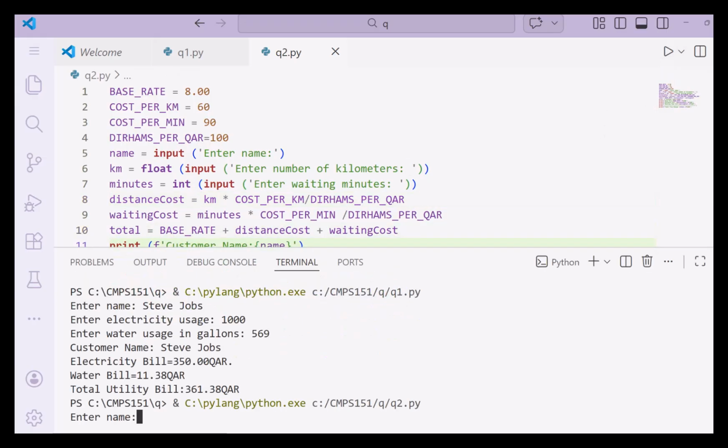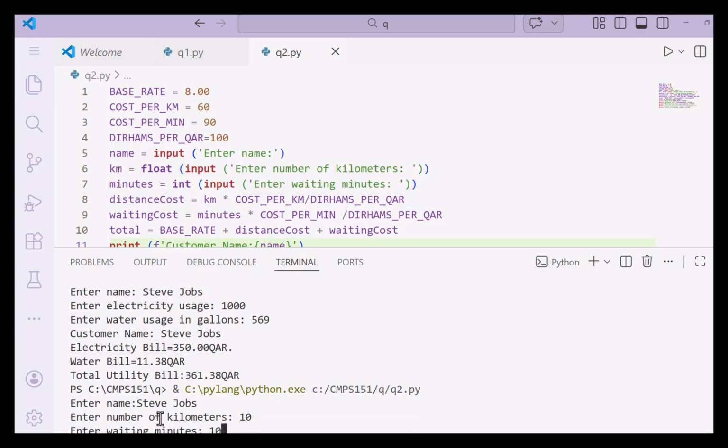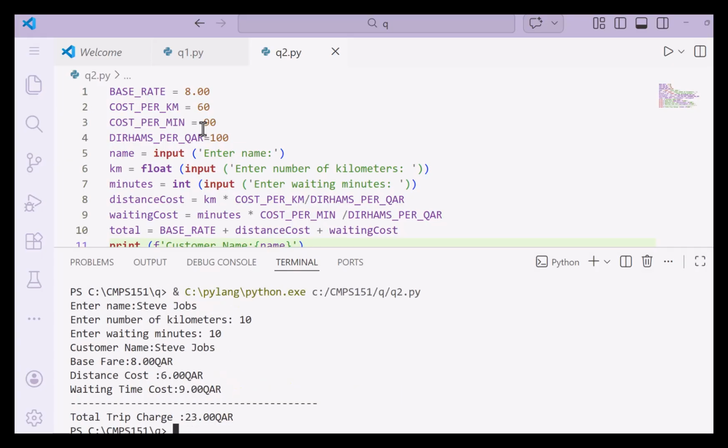So now I would run this. Run, enter name, Steve Jobs. How many kilometers? 10 kilometers. How many minutes? 10 minutes, let us say. So it would go and calculate 10 kilometers by 60 dirhams plus 10 minutes waiting time. So let us see here.